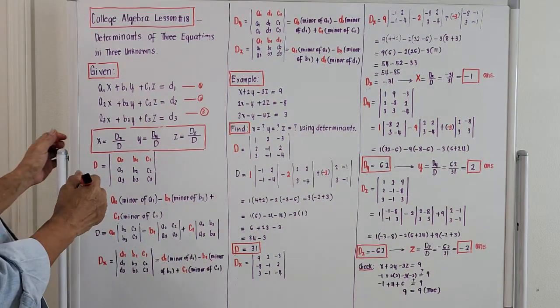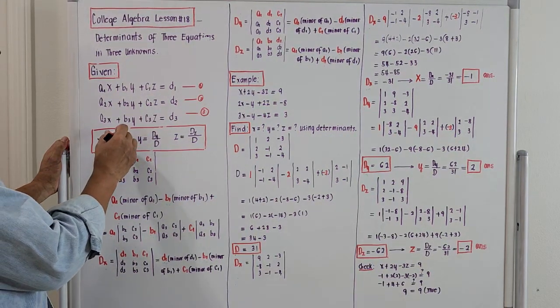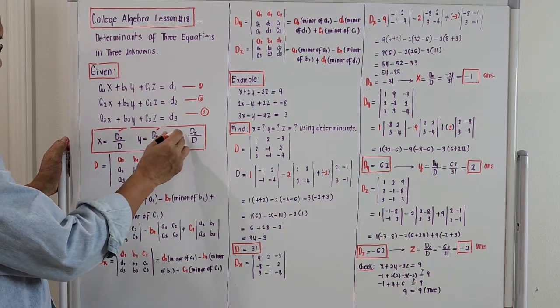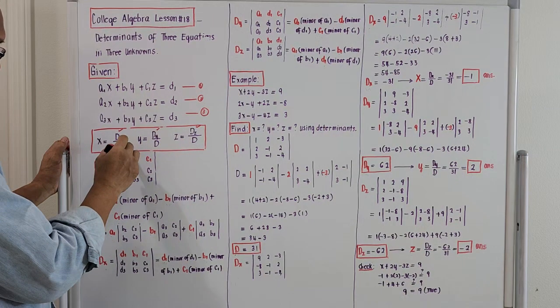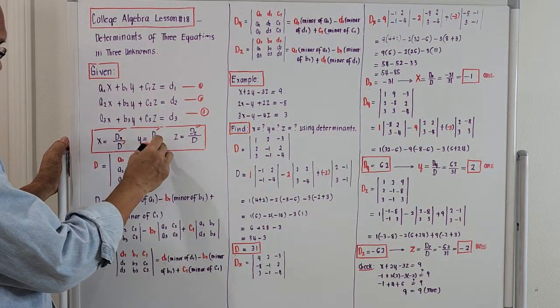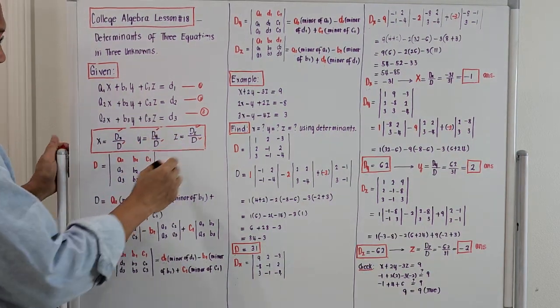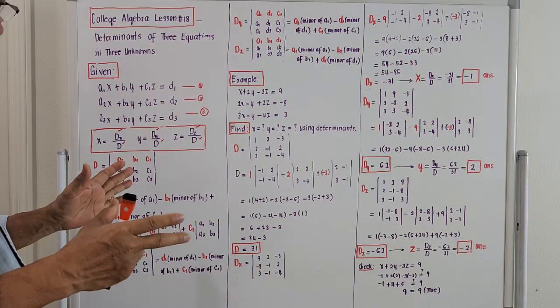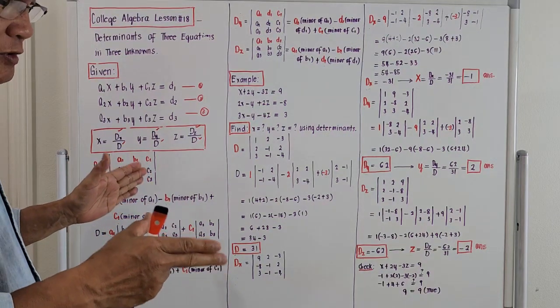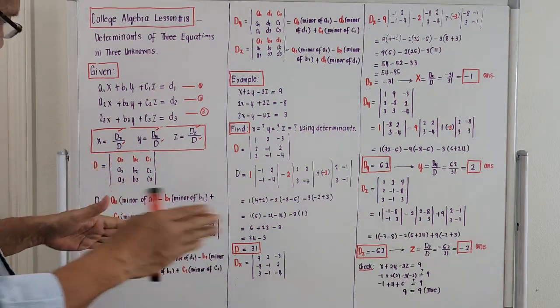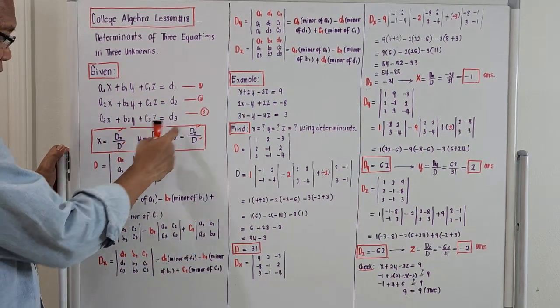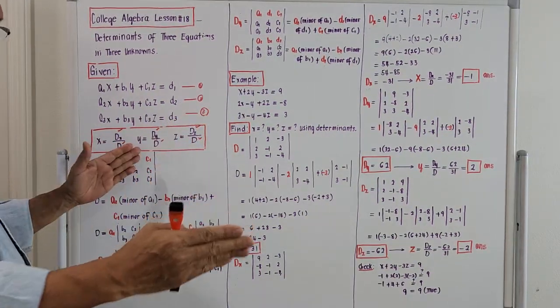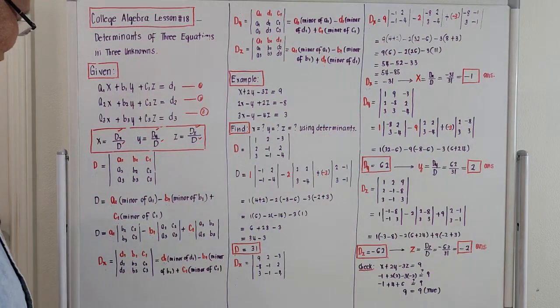There are actually four unknown values, that is Dx, Dy, and Dz, and the common denominator D. How do we simplify or bring out the value of Dx, Dy, Dz, and D? It will be something like this.